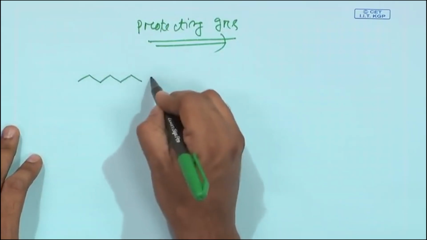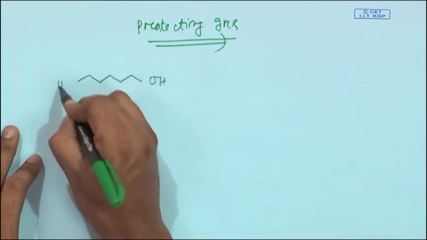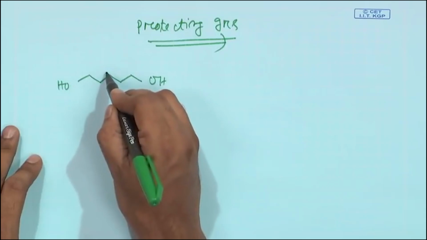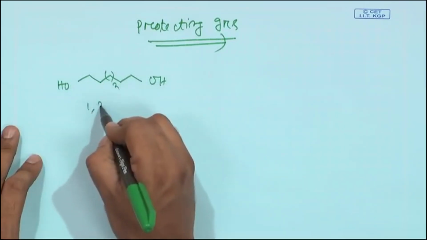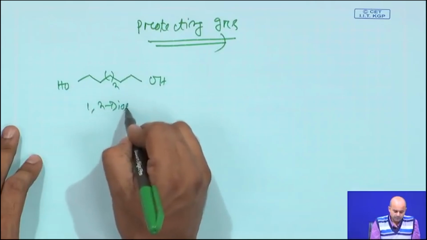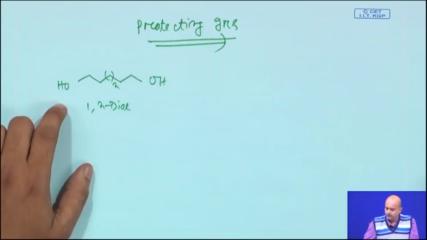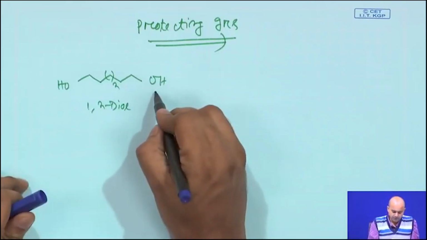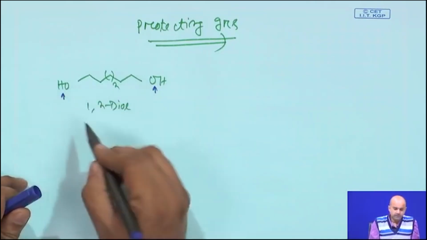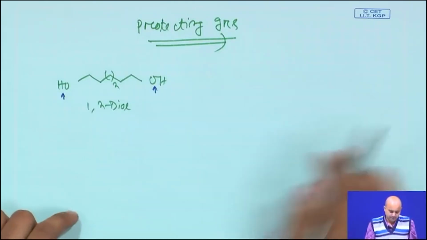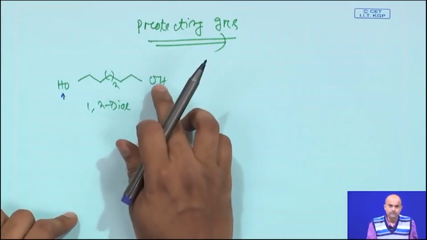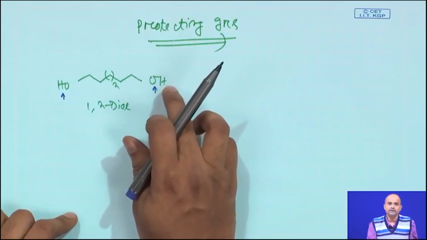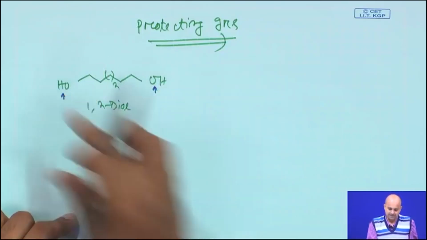In reality, I will give you a compound something like this. Say you have a 1,n-diol, and both the alcohols have similar reactivity, because both are primary alcohols, but selectively you want to use an FGI on this end by keeping this end intact.